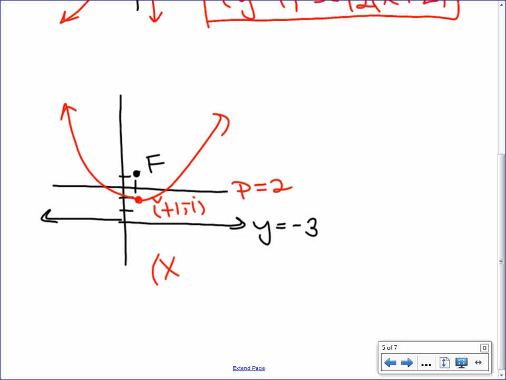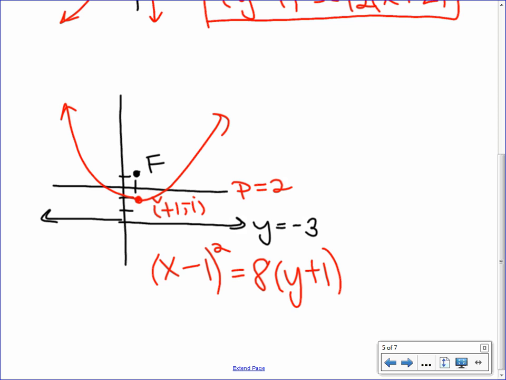X squared equals negative 4. Oh, wait, negative 8. Y minus plus 1. Okay, (x minus h) squared equals 4p times (y minus k).